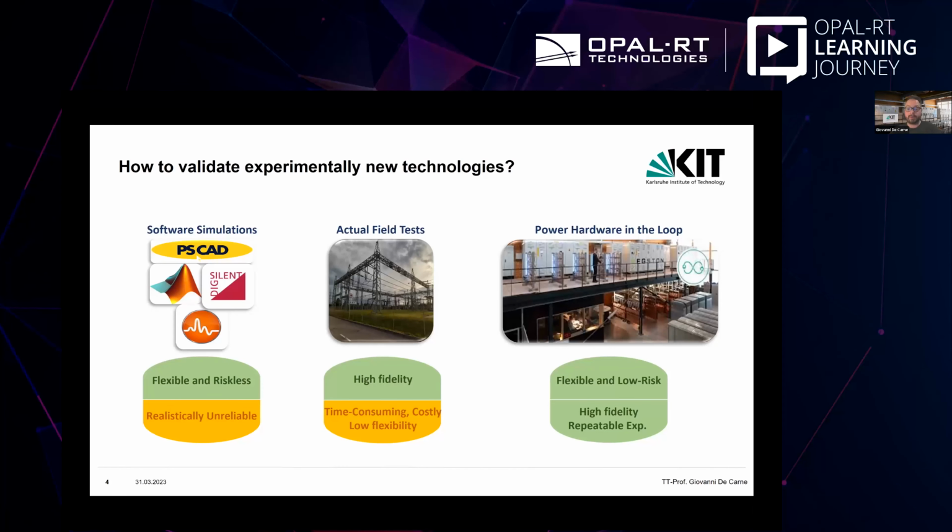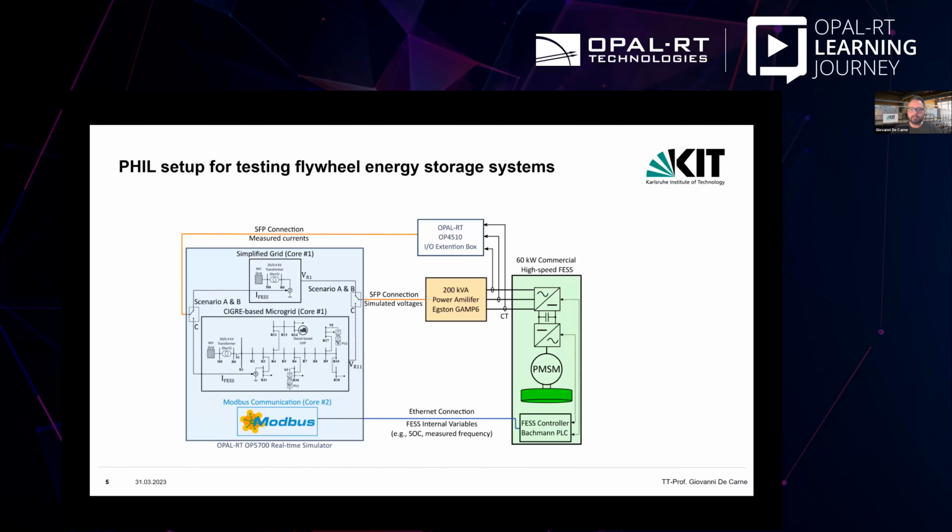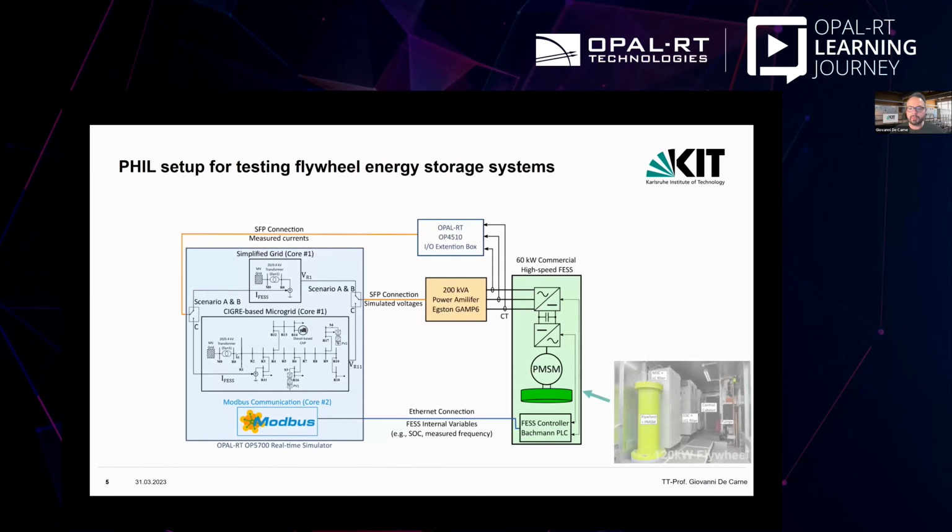Let's look at a practical example of what we are doing. This is our power-in-the-loop setup that we developed for our flywheel. Here in green is our 120 kilowatt flywheel, a high-speed flywheel from the company Stornetic. This is a commercial device. There is nothing built by us, except the control boards for connecting the setup.